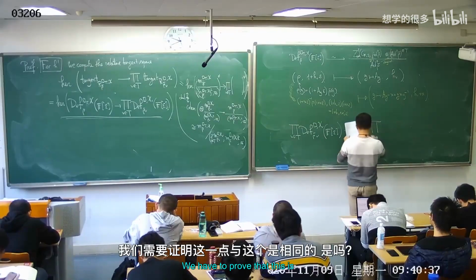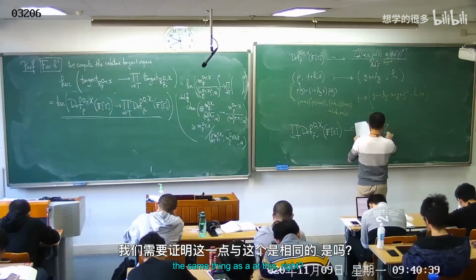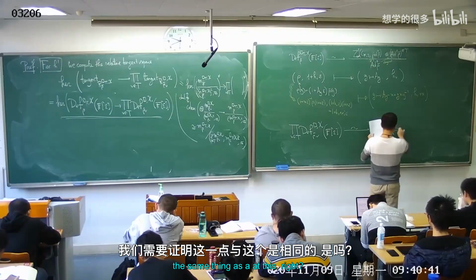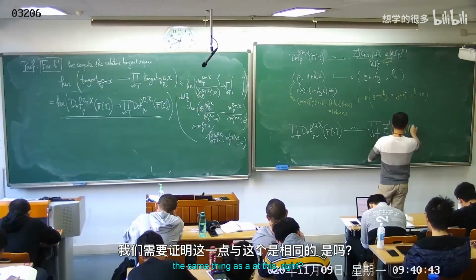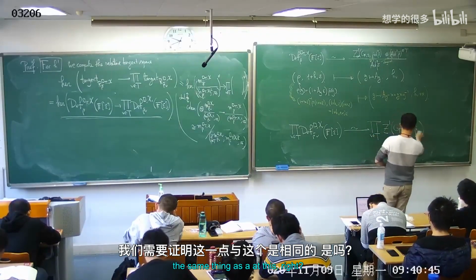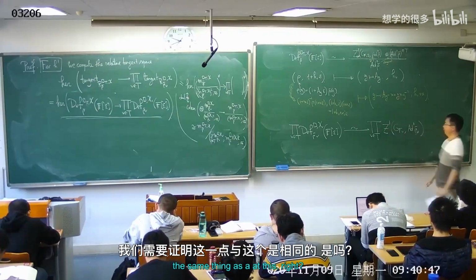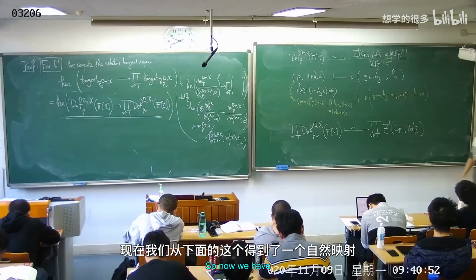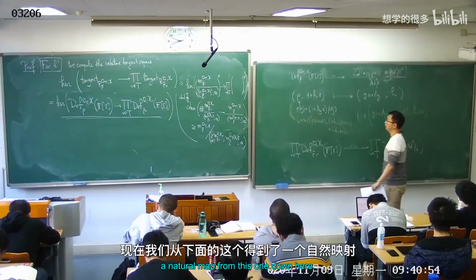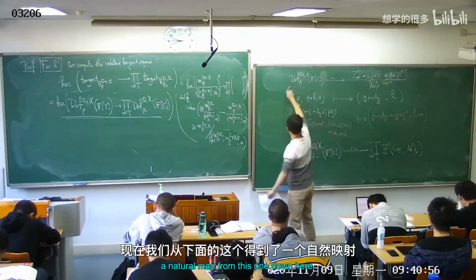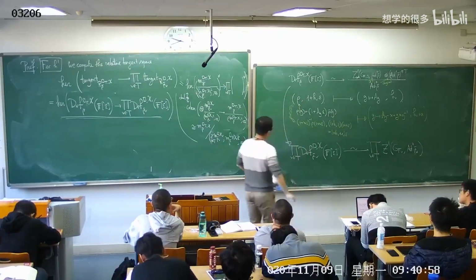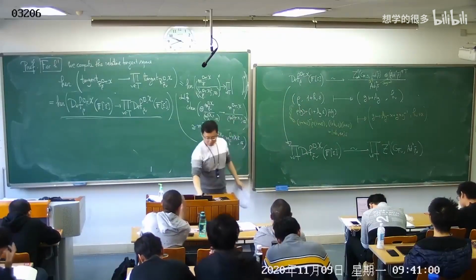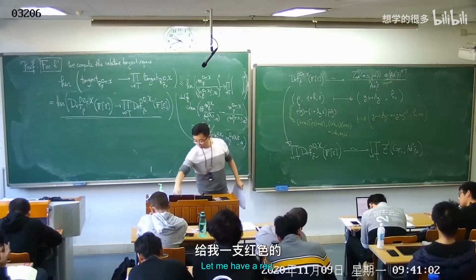We have to prove that this is the same thing as this, right? Well, I proved this. So now we have a natural map from this one down here, sending. Luckily, I have a red.